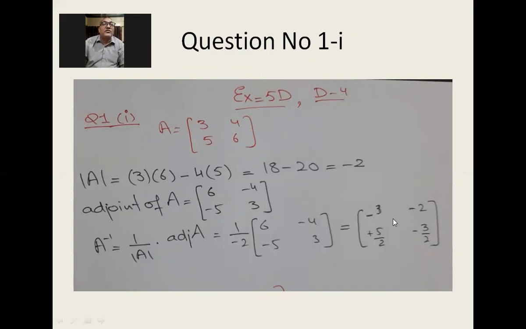Minus 1 by 2 multiplied by minus 4 is plus 2. Minus 1 by 2 multiplied by minus 5 is plus 5 by 2. And minus 1 by 2 multiplied by 3 is minus 3 by 2. So this is how you will find the determinant and inverse of this matrix.